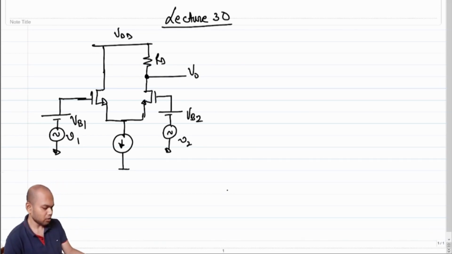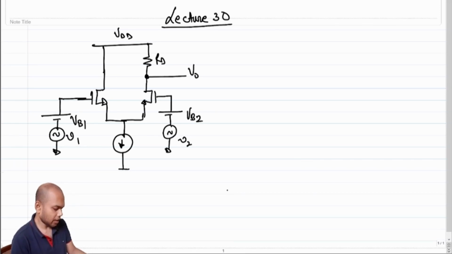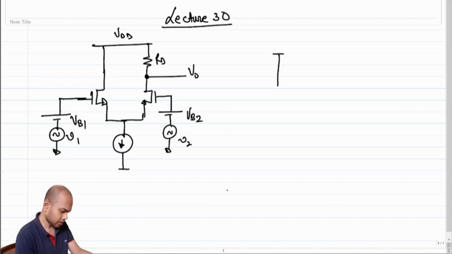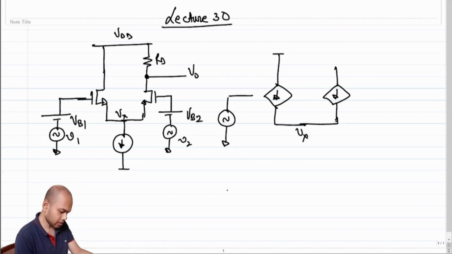Right, and we also saw the current that comes out of this structure. So the incremental equivalent of this structure is essentially this, where the Vx terminal is open in its incremental sense.